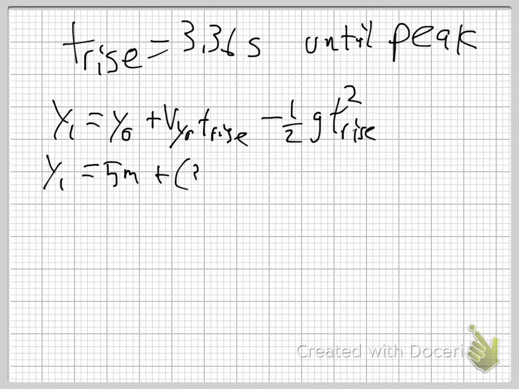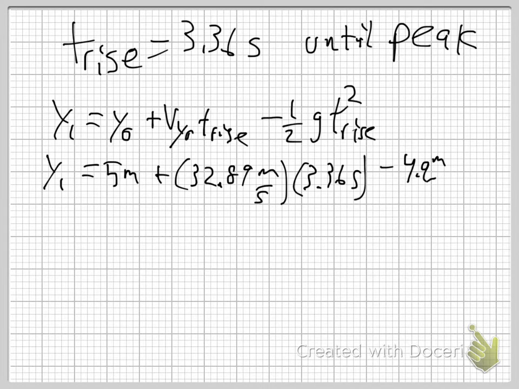So this is 32.89 meters per second times 3.36 seconds minus 4.9 meters per second squared times 3.36 seconds squared.